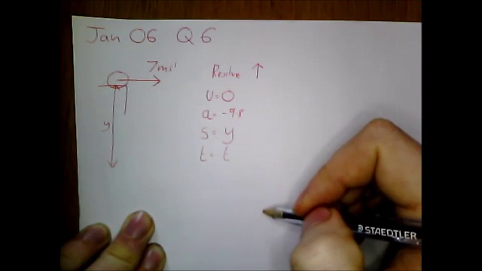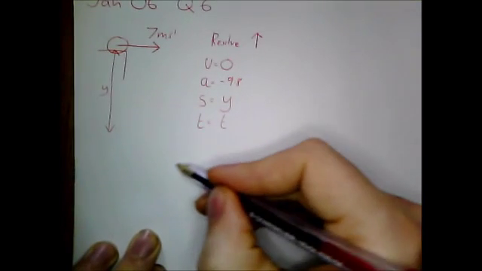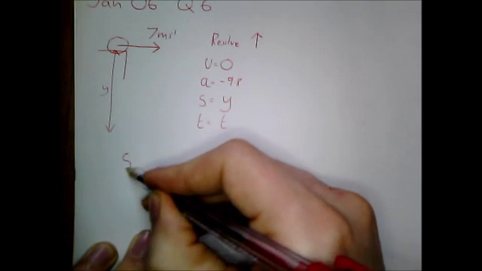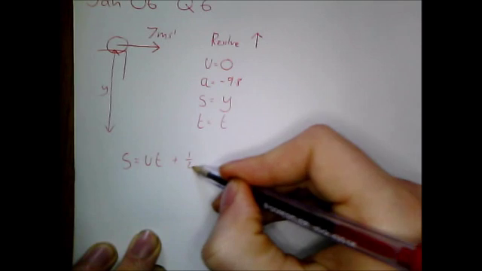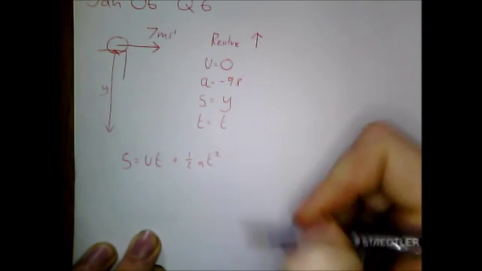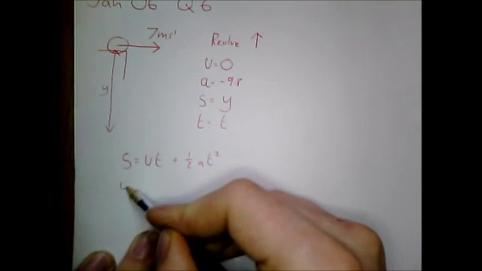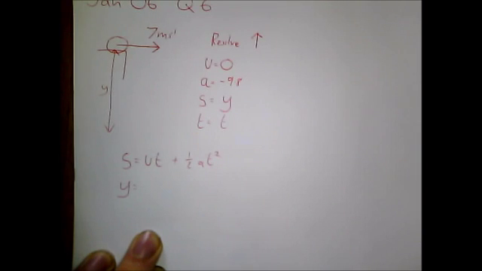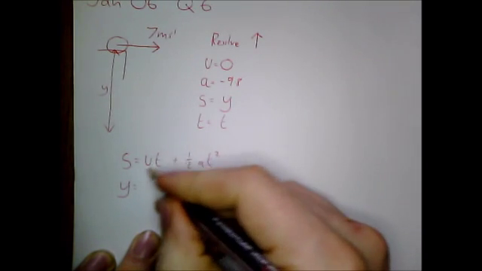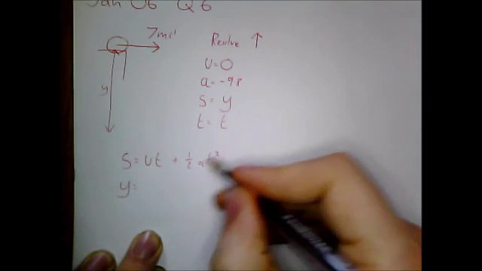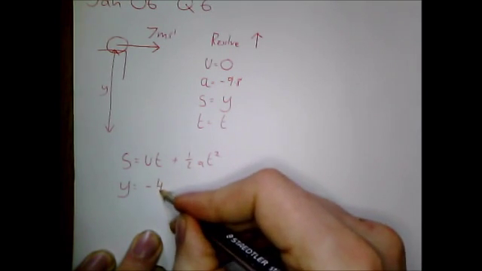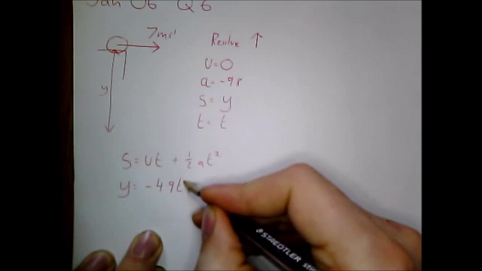So using s equals ut plus half at squared, we get the y displacement is equal to 0 lots of t plus negative half of 9.8, so negative 4.9 t squared.